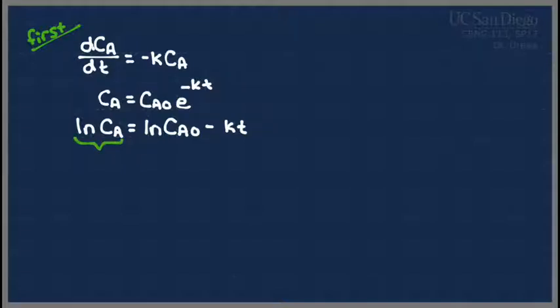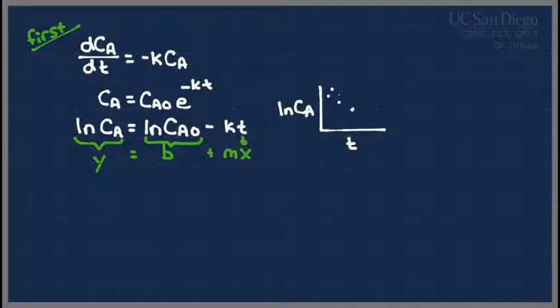This suggests that if we were to plot ln of Ca as our y-axis and time as our x-axis, then our slope would be minus k, and our intercept would be ln Ca0. So if you were given experimental data from a batch reactor, and you put t on the x-axis and ln Ca on the y-axis, you would then expect this to be a straight line.